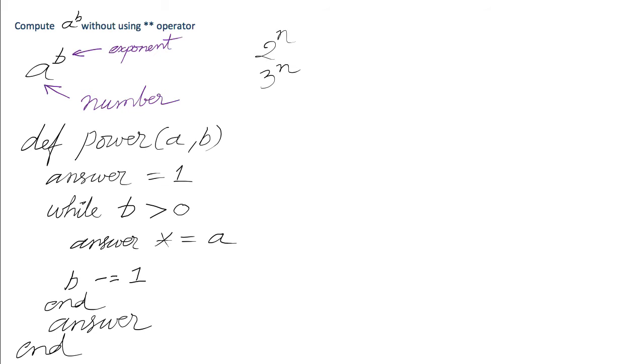We need to accumulate the value in answer variable by multiplying its previous value with the value of a. This is a product accumulator. The time complexity is O of n and space complexity is O of 1.